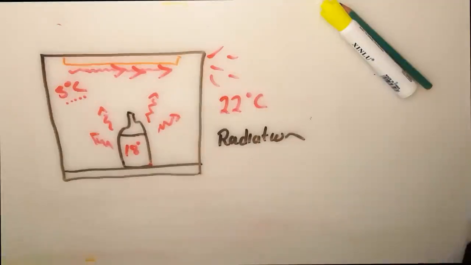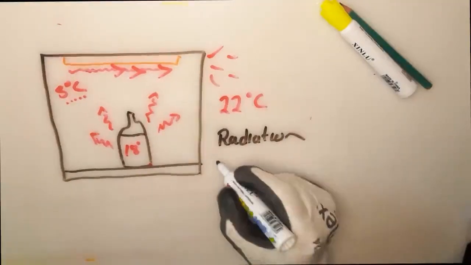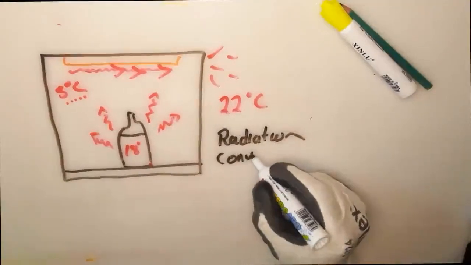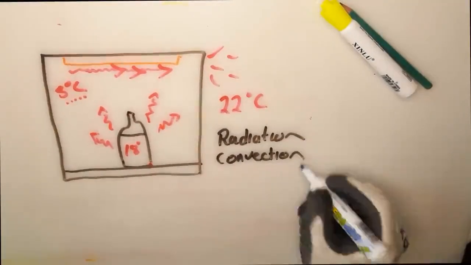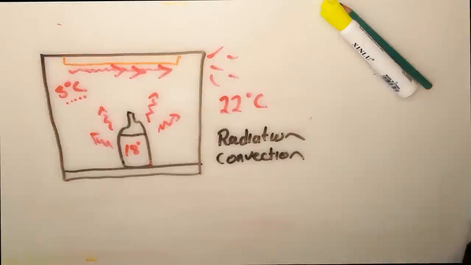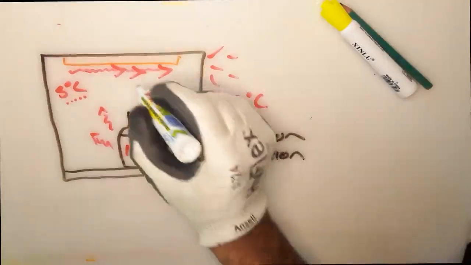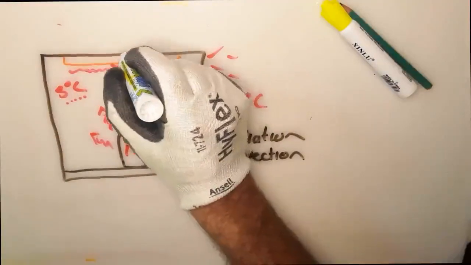The second law we're going to have is convection. For instance, because molecules are always moving around, let's assume that this refrigerator has a fan.